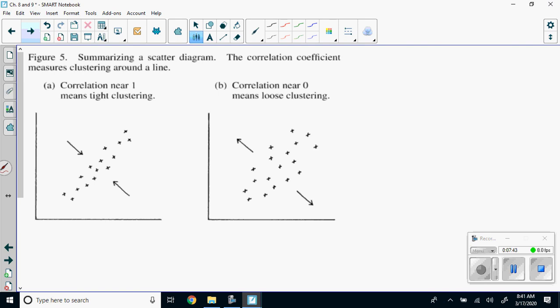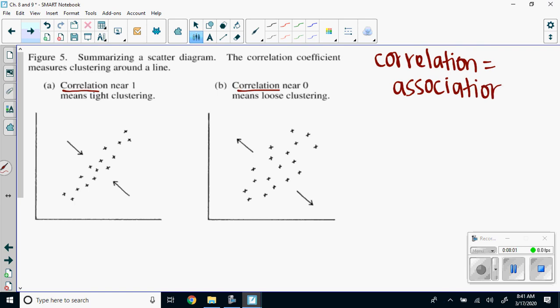We've got correlation here. So correlation is the same thing as association, and I'll switch back and forth between those two words. And we use the letter R to represent correlation.